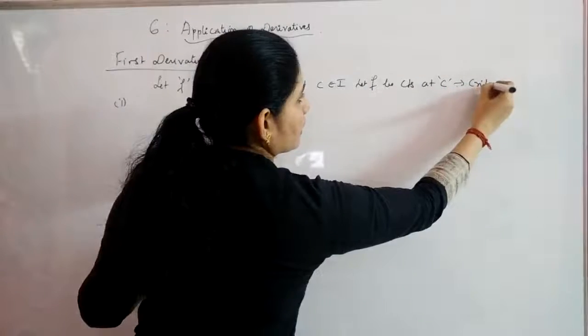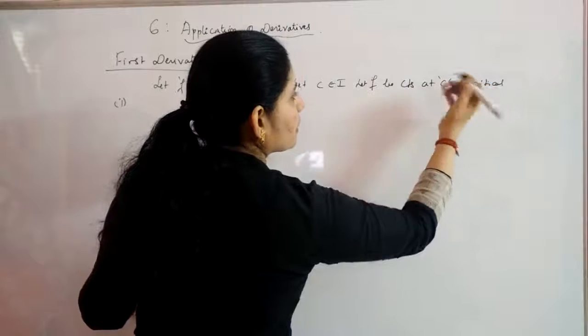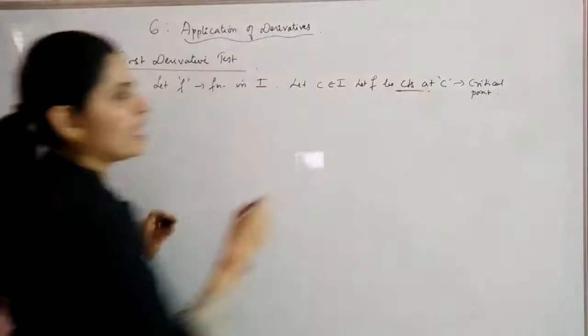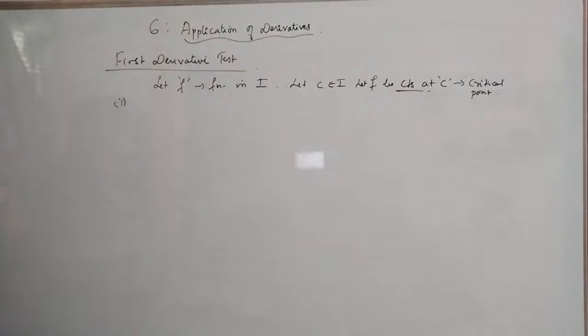What do you mean by critical point? Either it will be giving you a maxima or a minima. So C is the critical point, and at this point f is taken to be continuous.